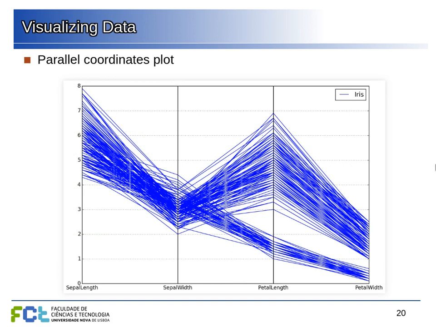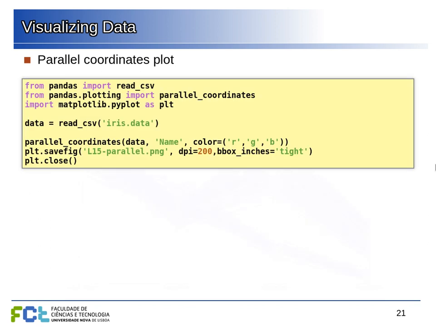So just by looking at this plot, it's easy to see that we have at least two types of examples in our data, because it's clear that these lines are different from those. If you have classes in your data, you can also specify the different colors for the different classes. So in this case, I just used red, green, and blue, and this can help us see the differences.